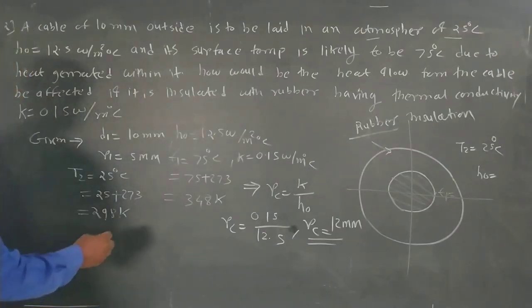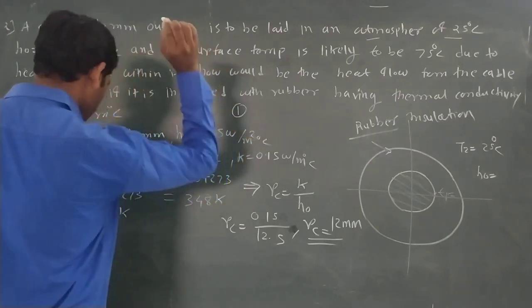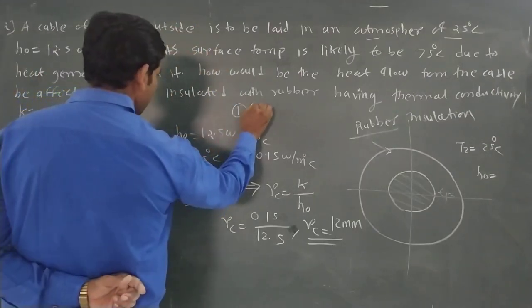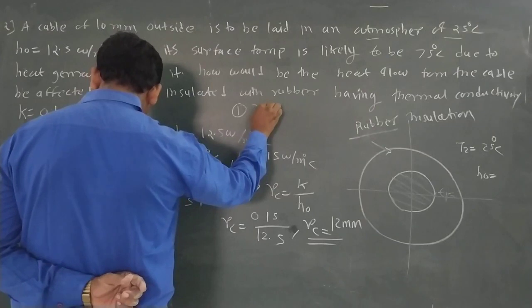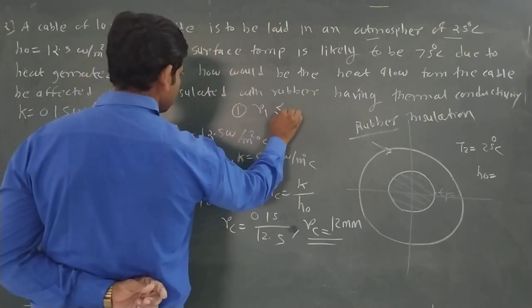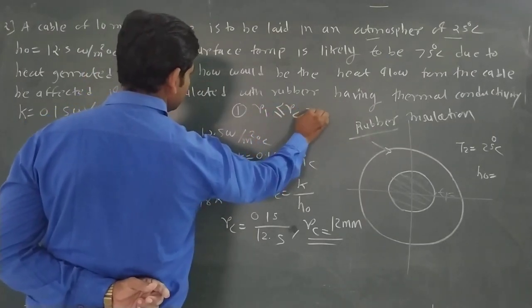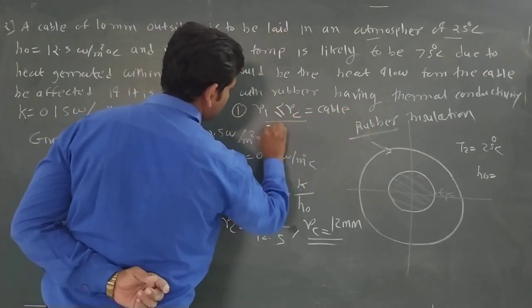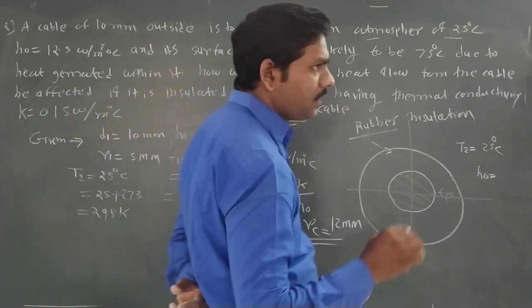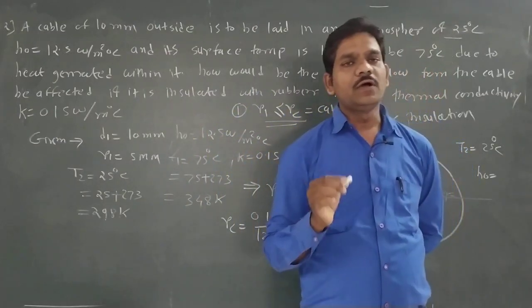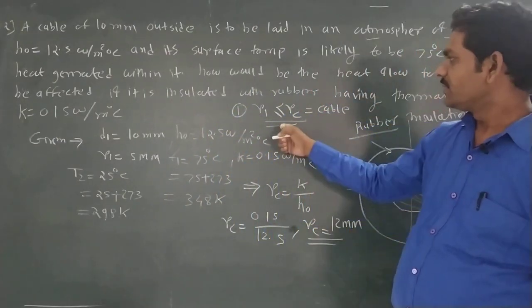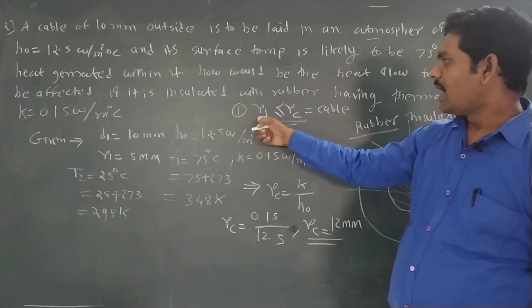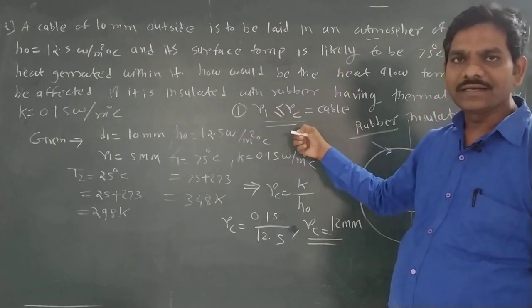I write down here, we already know the cable relation: R1 is always less than RC for a cable. This is the condition we require whenever we solve heat transfer numericals. What is the condition for a cable? R1 is less than RC.